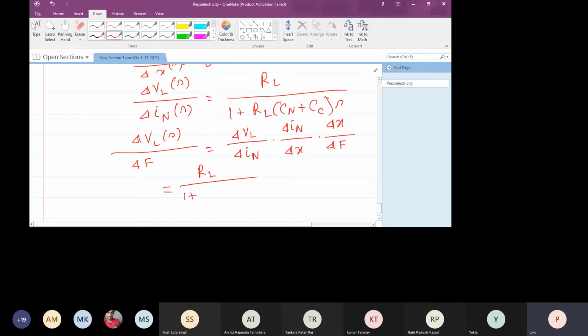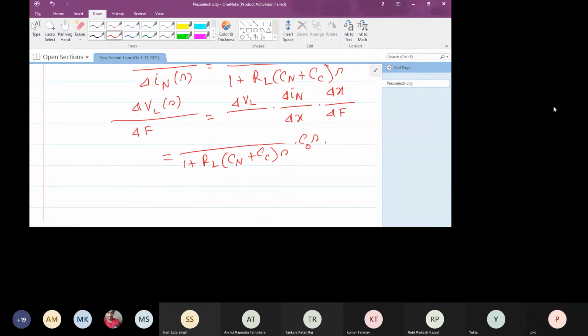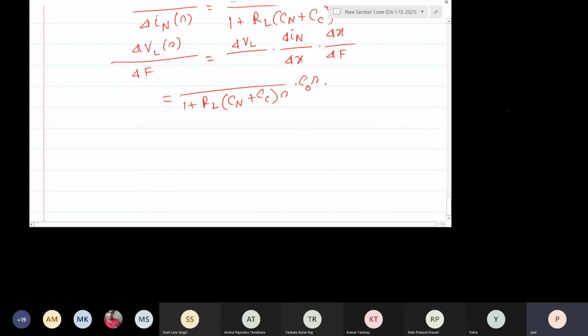So that would be simply written as RL by 1 plus RL times (CN plus CC) into S, into IN by X, which is C0 into S, into, that is the second order transfer function, 1 by (s square by omega n square plus 2 zeta s by omega n plus 1).